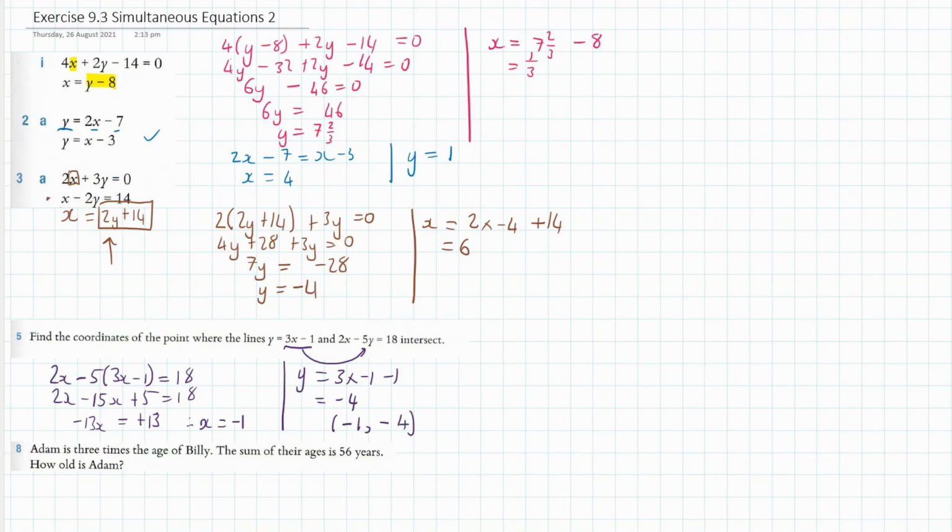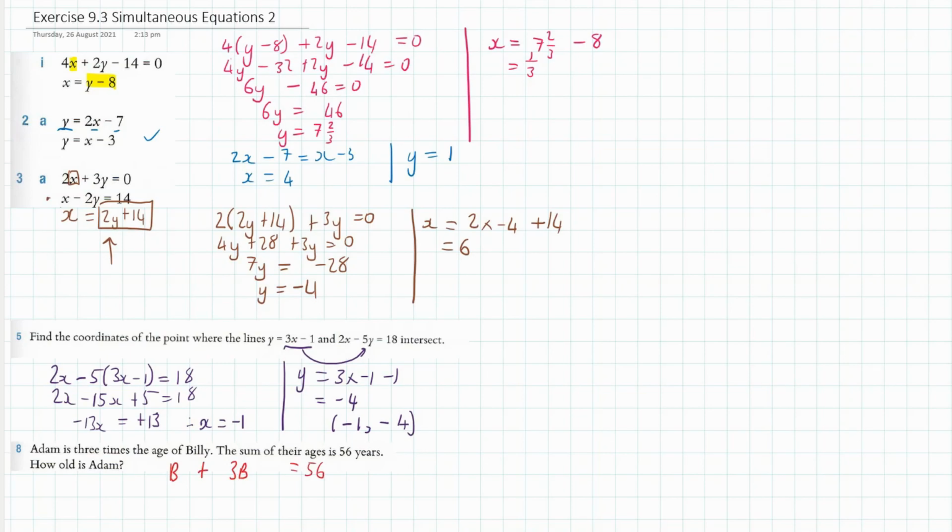Now this last one, we've got these Adam and Billy. Adam is 3 times the age of Billy. So let's say Billy's age is b. Therefore Adam is 3b. And apparently the sum of their ages is 56. Okay. I'm not quite sure how this is a simultaneous equation.